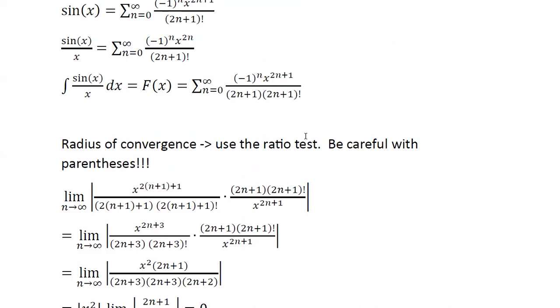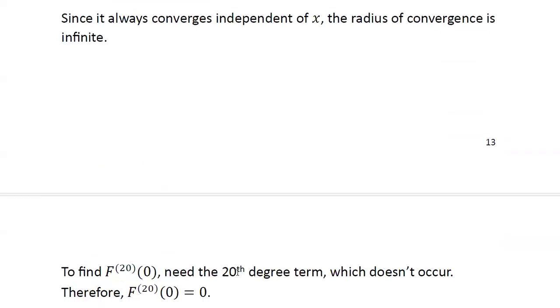That makes sense. So there's no 20th degree term, so it's 0. Just imagine differentiating 20 times. It's 0 because everything below 20 goes away from differentiation. Everything above the 20th degree term is 0 because 0 is the center, okay? And then there's no 20th degree term, so it's 0.